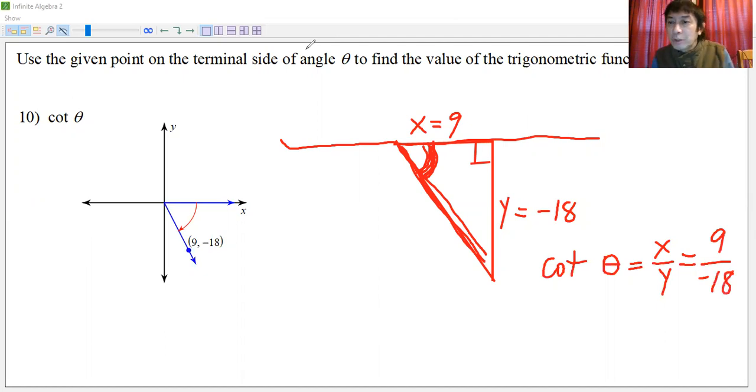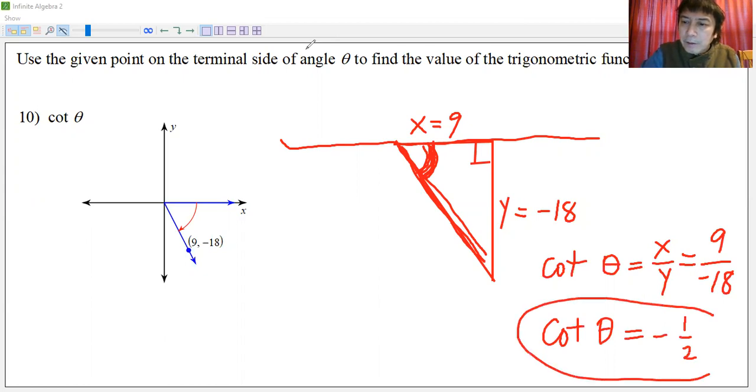And this is reducible to lowest terms, negative 1/2. So our cotangent of theta is negative 1/2. Okay, and that's it. This will be our answer. Let's check over here. You can find the answer over here. Negative 1/2.